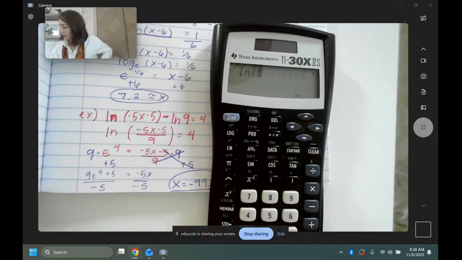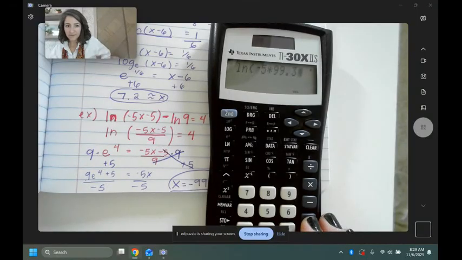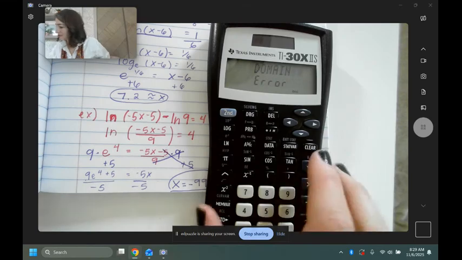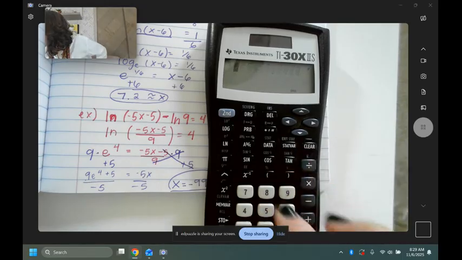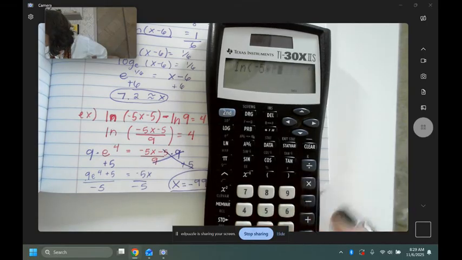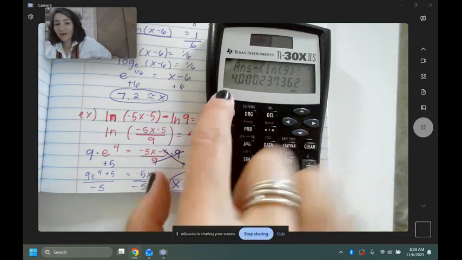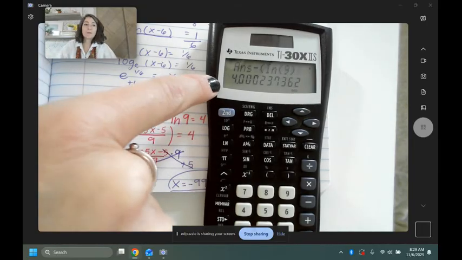So the natural log of negative 5 times negative 99.3 minus 5, there we go, minus the natural log of 9 equals right about 4. And because 99.3 was rounded, this is rounded to 4 as well.